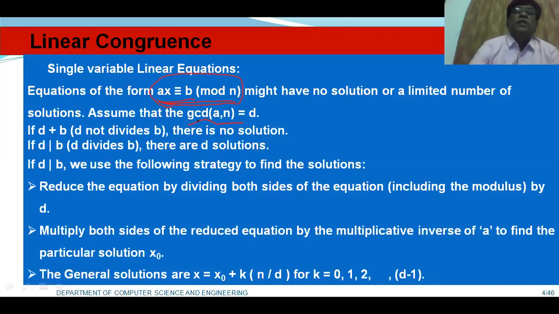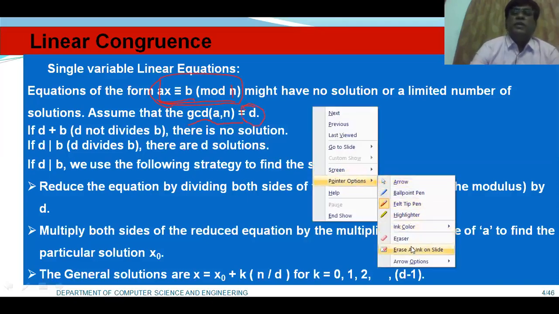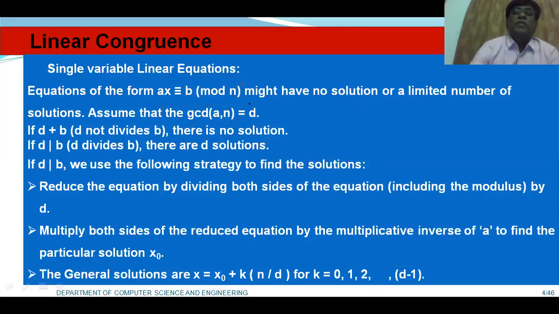Assume the value of GCD(A, n) is equal to D. What is D here? D is the greatest common divisor of A and n, where A is this variable and n is this modulo.